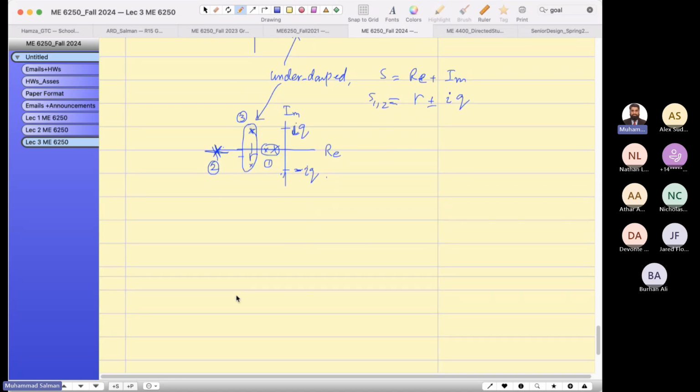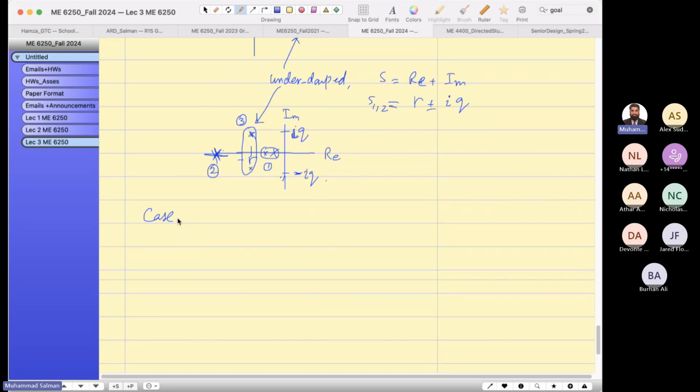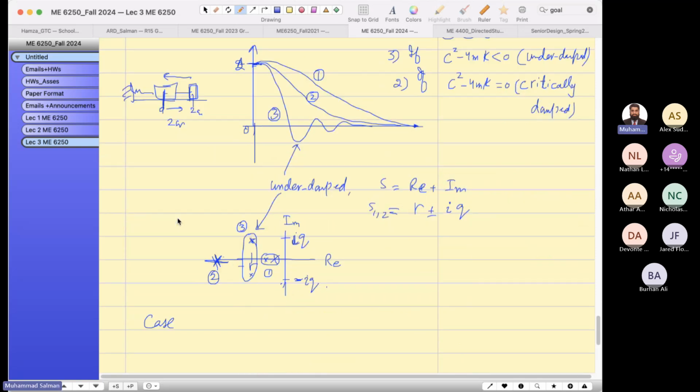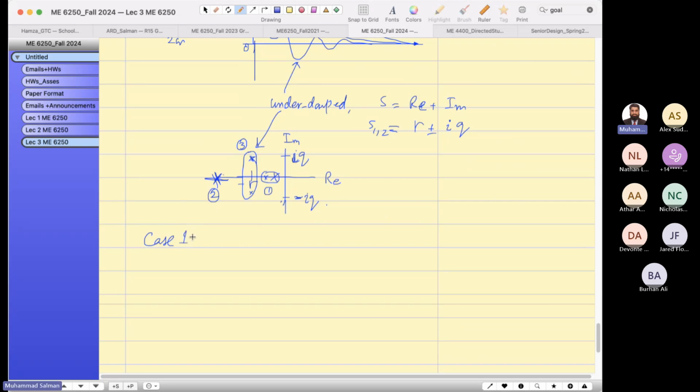So the solution for case one, the overdamped case. We also call it zeta. Zeta is the damping ratio, the ratio of actual damping to critical damping.